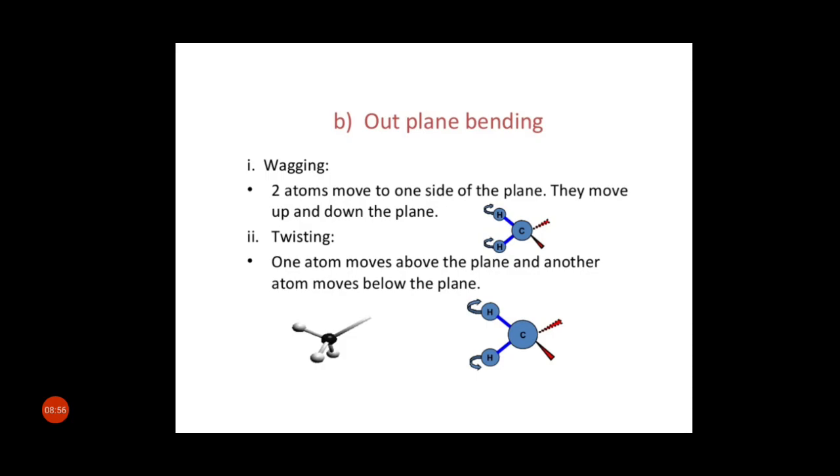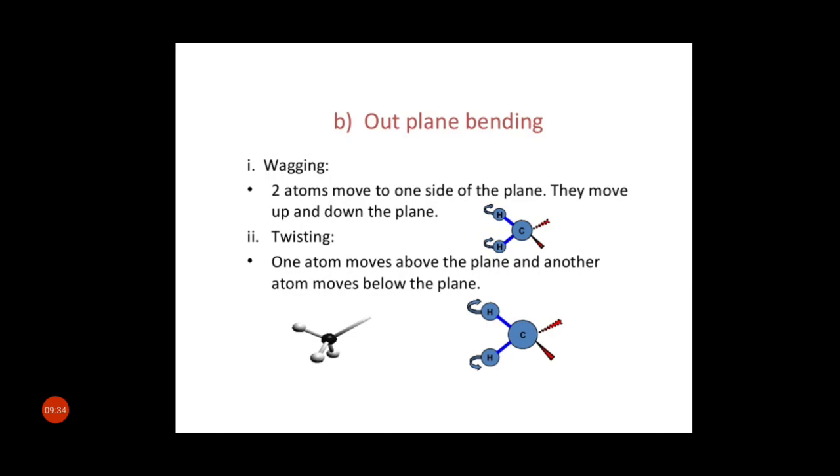In wagging, two atoms move to one side of the plane, moving up and down the plane.